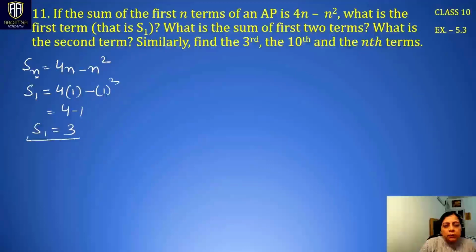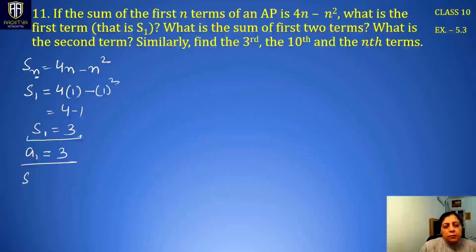Sum of one term is 3. That means the value of the term itself will be 3. So the first term is equal to 3. S1 itself denotes A1 because the sum of one term is the first term itself.